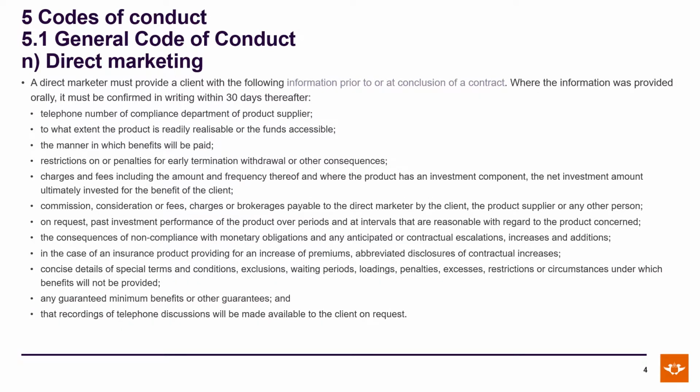So the direct marketer has to give the client the following information. It needs to be given orally and then confirmed in writing within 30 days. So you can go through the information over there. For example, how benefits are paid, what commission or fees is paid, are there any minimum benefits, and the client may also request the recording of the telephone discussion.